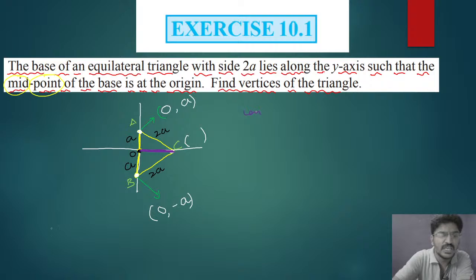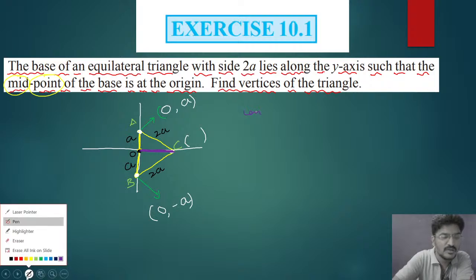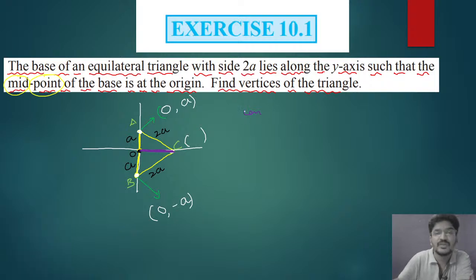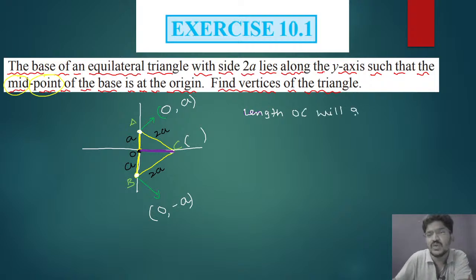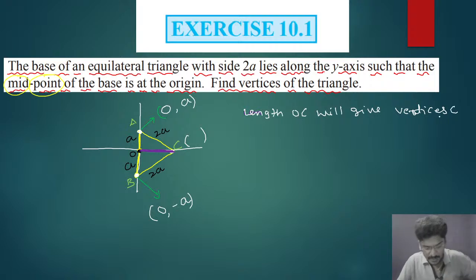Length OC will give you vertices C. So to find vertices C, you have to use a right angled triangle.